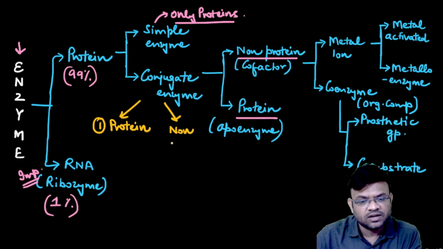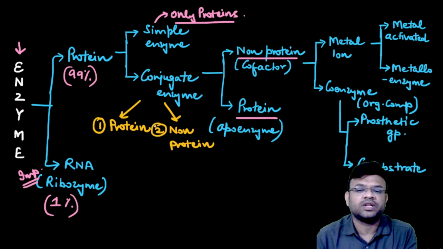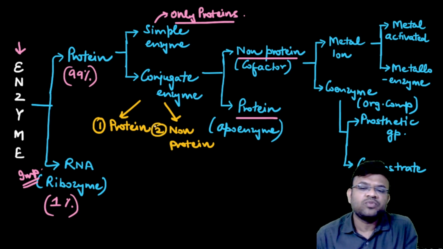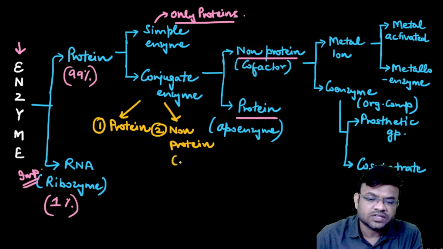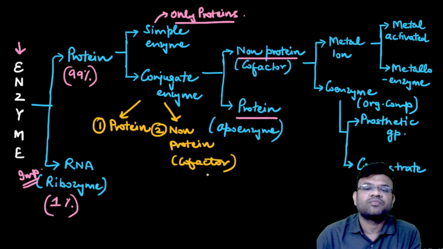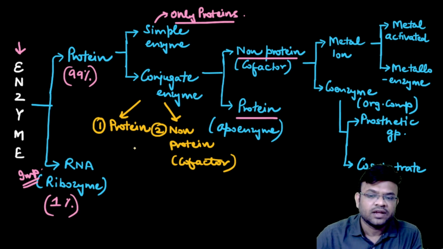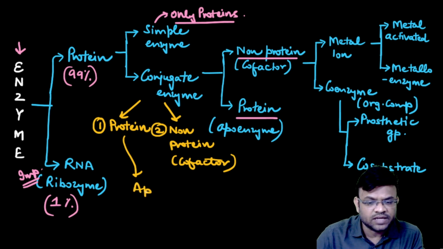What is it? Non-proteinaceous. So this is the second component. The non-proteinaceous component is called cofactor, and the proteinaceous part is called apoenzyme.